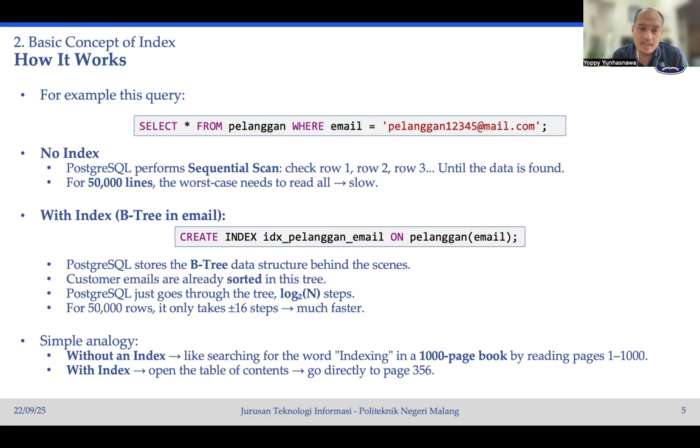However, when we have an index, we just need to open the table of contents and go directly to the page that contains the topic we are looking for. So this is in general how indexes work.